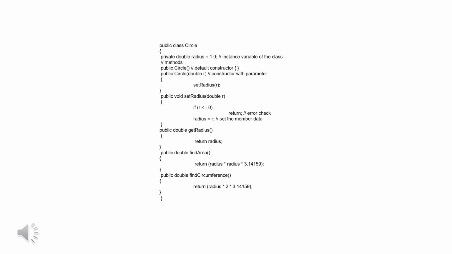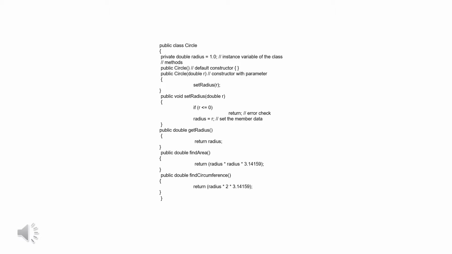Then we have find area method. This method is going to compute the area of the circle based on the radius, and it's going to return this area. Okay, so you know the formula of the area, radius multiplied by radius multiplied by pi, right?